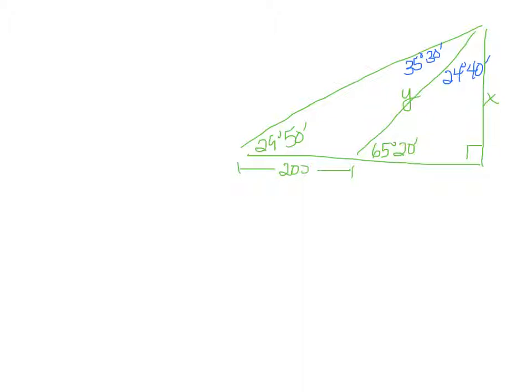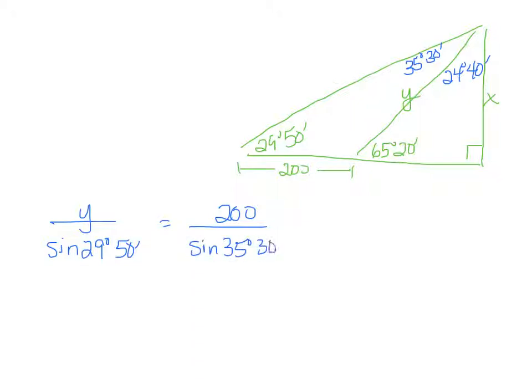Okay, so we're going to do law of sines with the triangle on the left. So I'm going to do y over the sine of 29 degrees, 50 minutes, and set that equal to 200 over the sine of 35 degrees, 30 minutes. Then I'm going to cross multiply.